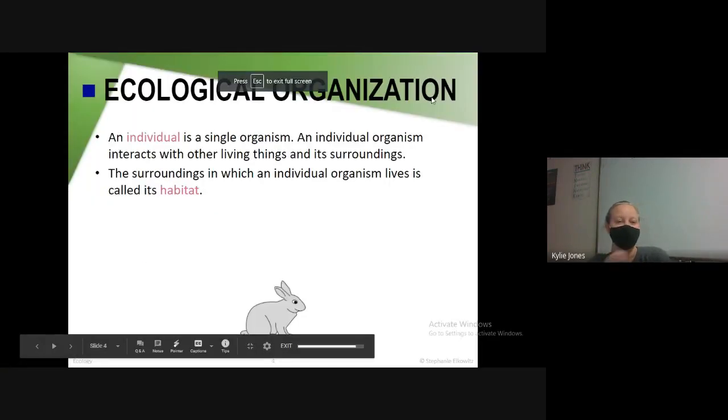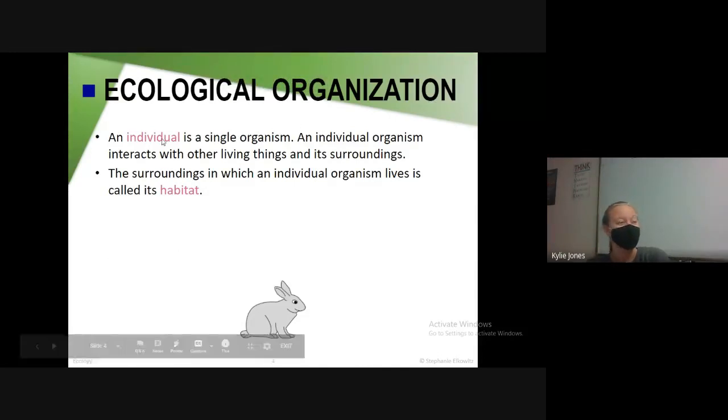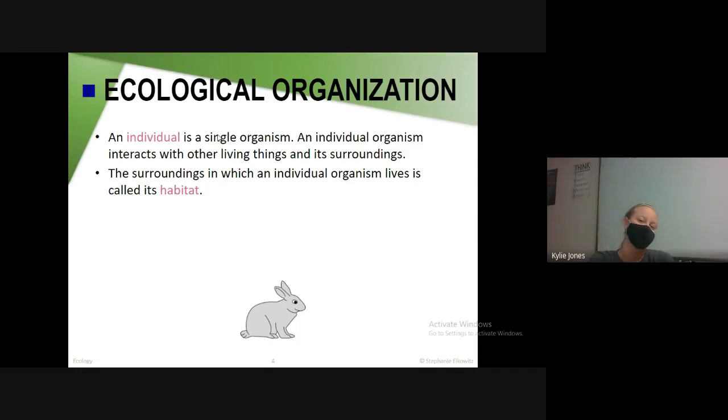So our first one, the individual, is a single organism, one single organism. An individual organism interacts with other living things and its surroundings. The surroundings in which an individual organism lives is called its habitat. So an individual is literally one thing: one bunny, one lion, one insect, one plant.